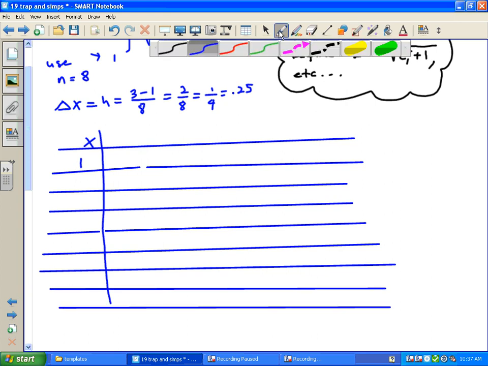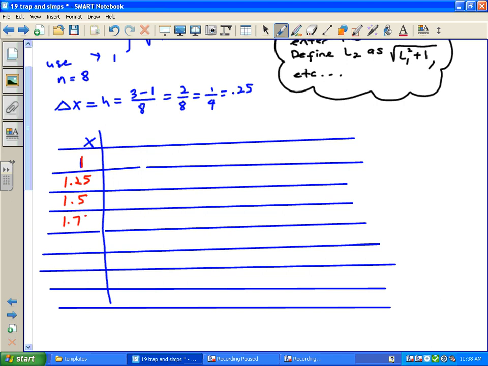So the next one will be 1.25, next 1.5. We keep adding 0.25 to it, basically. And 3.